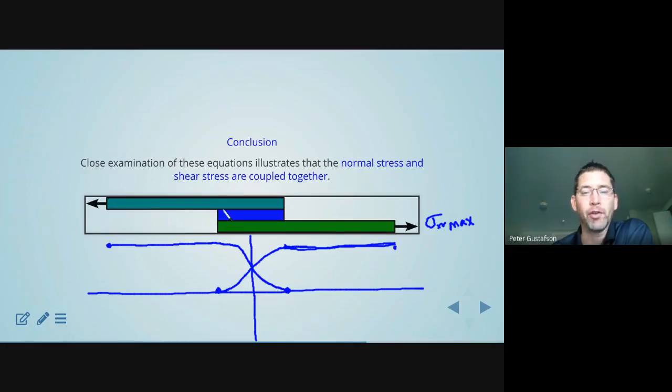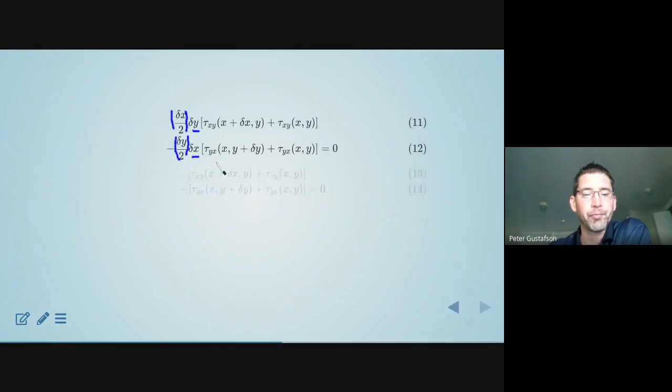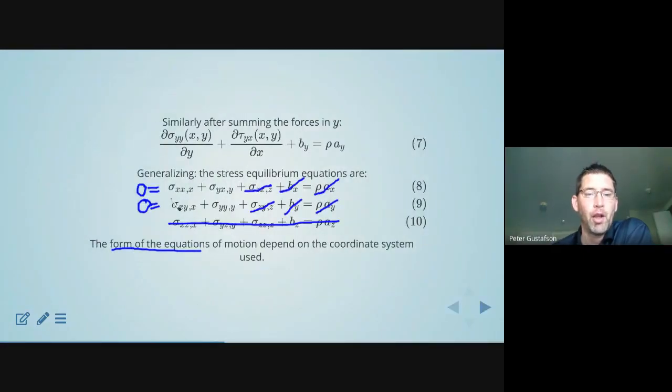Now, how does it do that? To understand how it does that, we have to look back at our equations. So we said it was decreasing as we started at the right edge and moved to the left edge. So this d sigma xx dx is changing, right? It is a derivative.